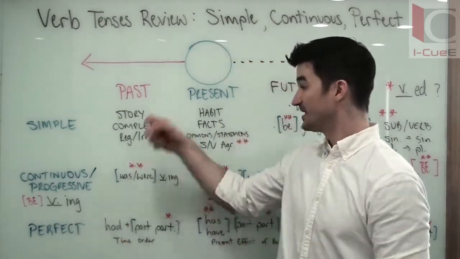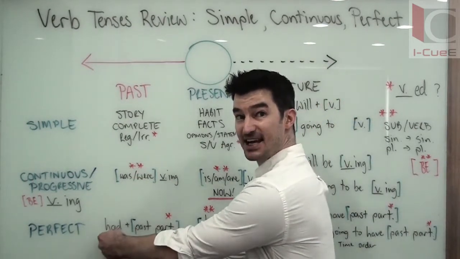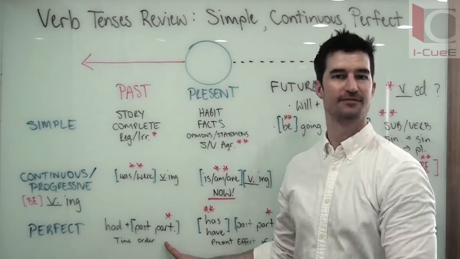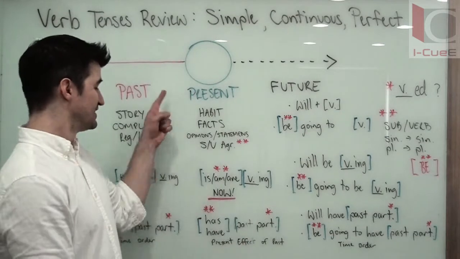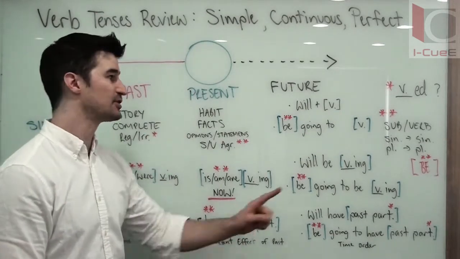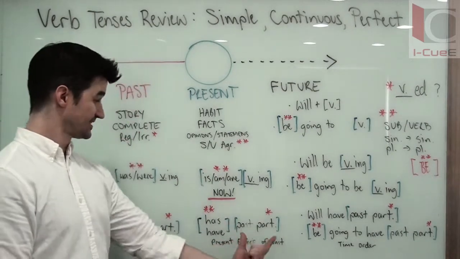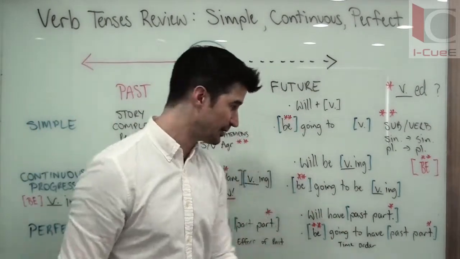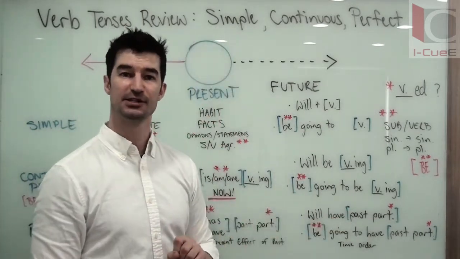So in the past perfect, it's had, which is the past tense of the verb have, plus the past participle of your active verb. Then you have the present. Here you have to remember subject-verb agreement. It could be has, it could be have, plus the past participle of your active verb. Lastly, will have, plus the past participle.